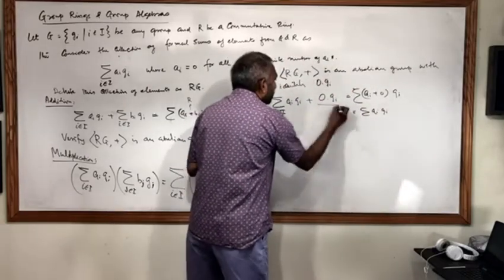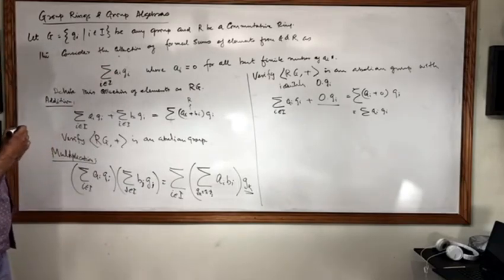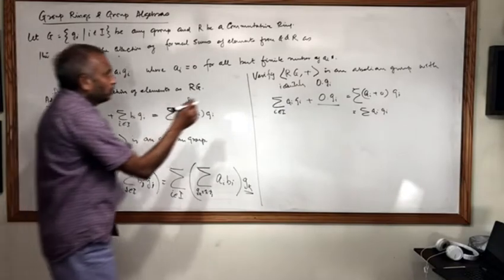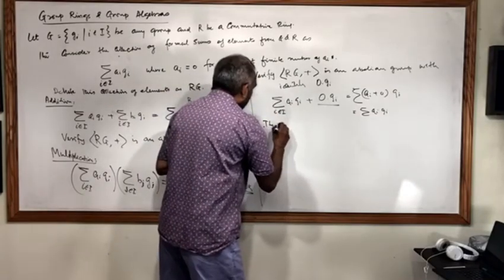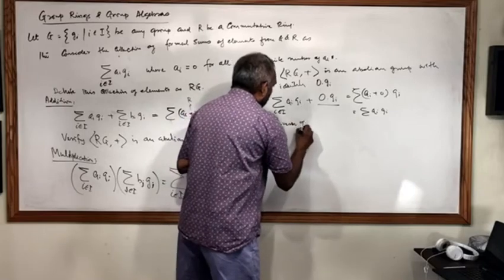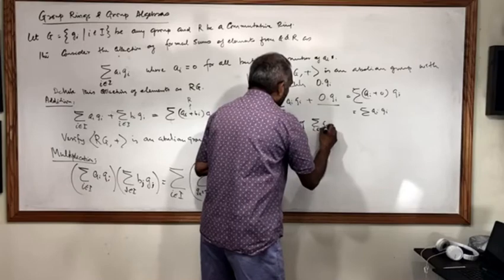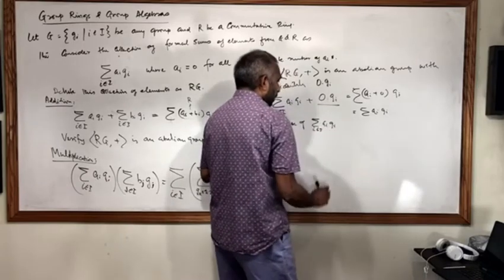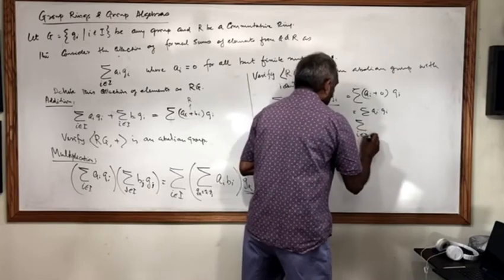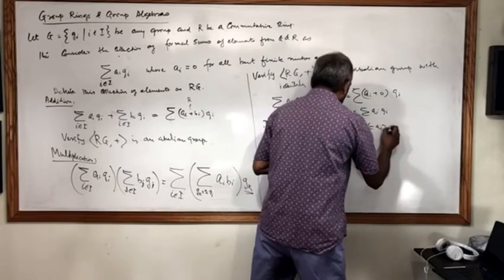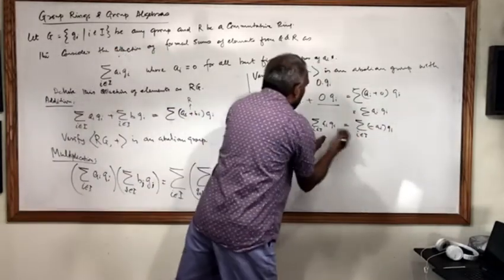So this is the identity of the abelian group, and the inverse of sigma Ai Gi will be sigma (minus Ai) Gi.